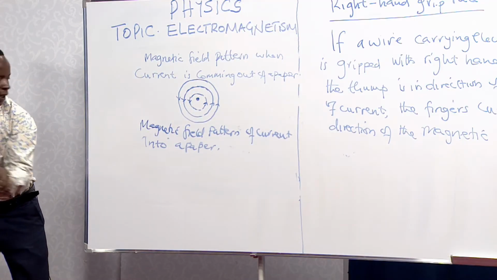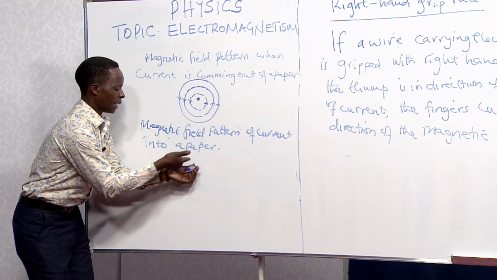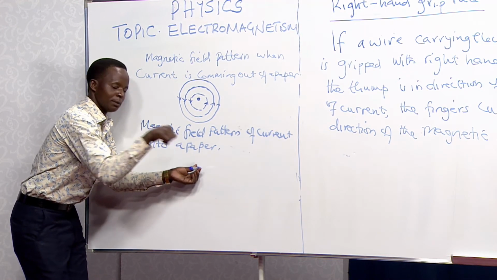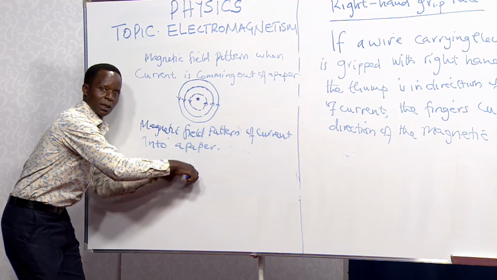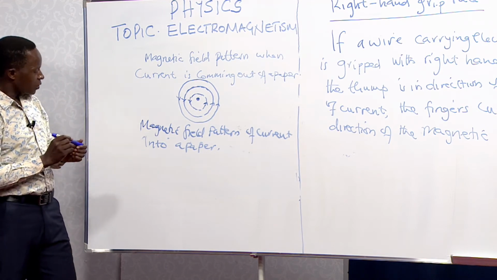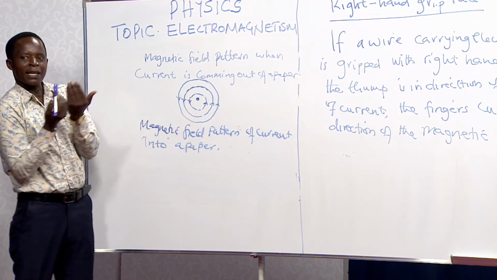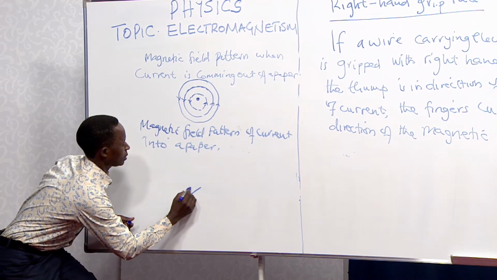So if I come to my blackboard here, this is the wire, current is into the paper, my thumb points like this, then these fingers are curved in the direction of magnetic field. And how do we represent it so that it's different from the current coming out? We use a small cross.